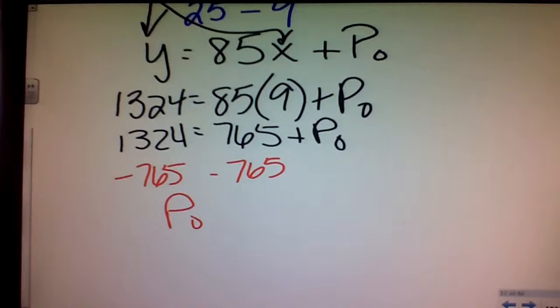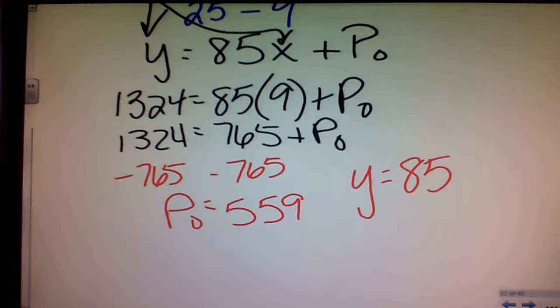So P sub 0, 1324 minus 765 gives me what? 559. So now you have your whole equation. y equals 85x plus 559. So now I can say find P sub 27. And you plug in 27 for x.